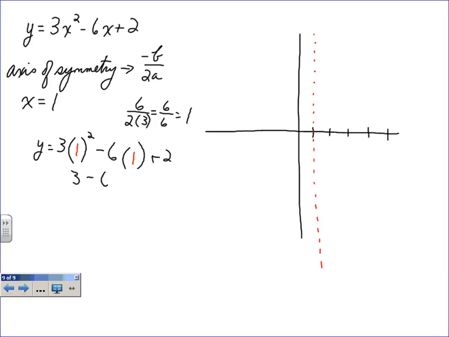Minus 6 times 1, plus 2. And 3 minus 6 is negative 3, plus 2 is negative 1. My vertex now is at 1 and negative 1.